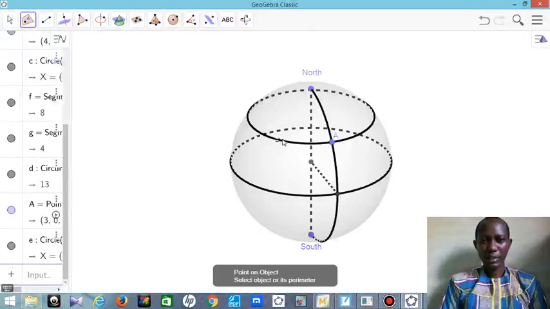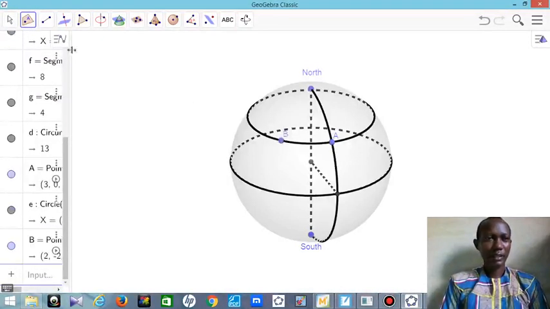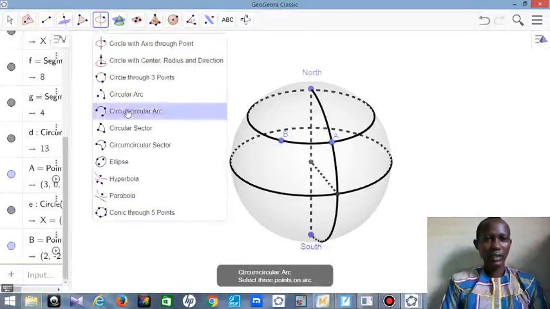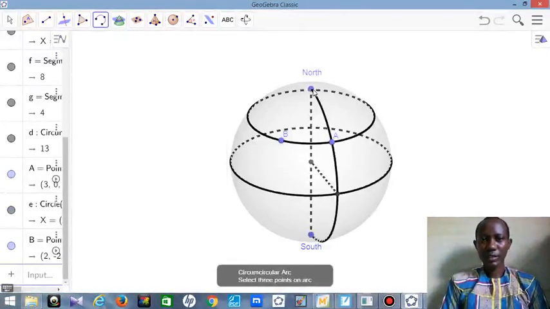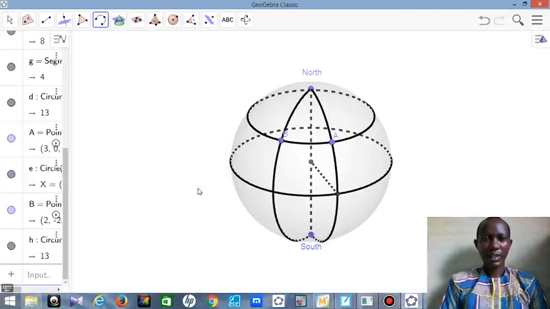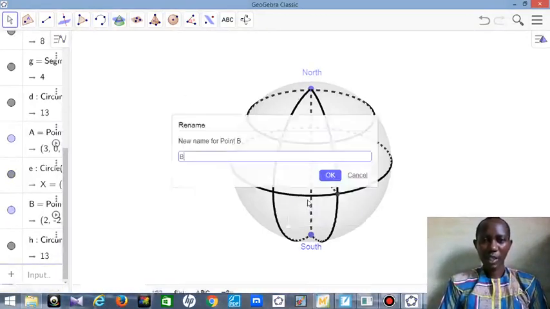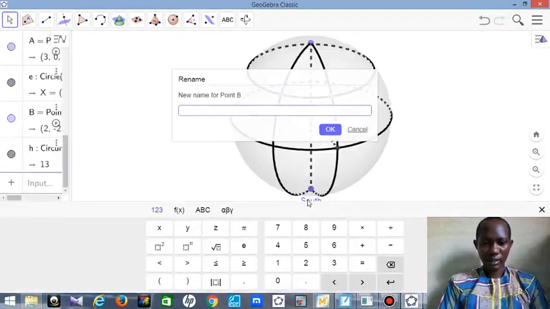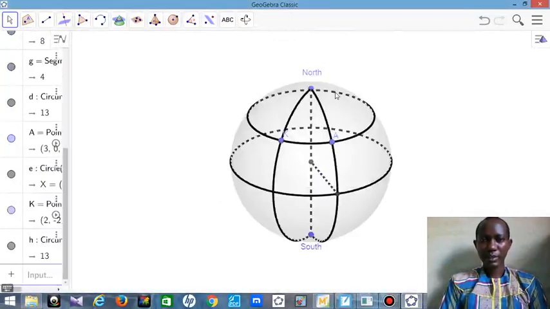Put this point. Let me put the longitude. This is the longitude of this point. Alright, so this point, this is what I'm going to name as K. Then this is K. Then point A.